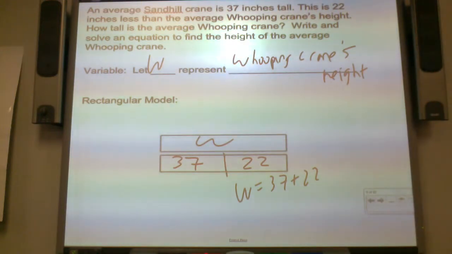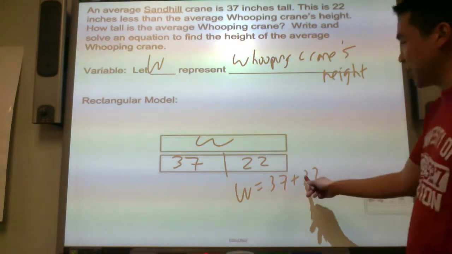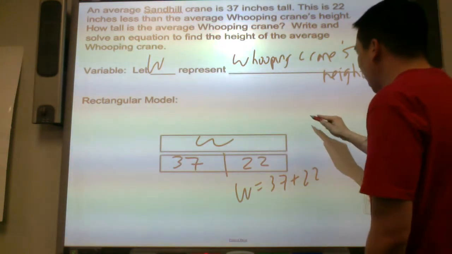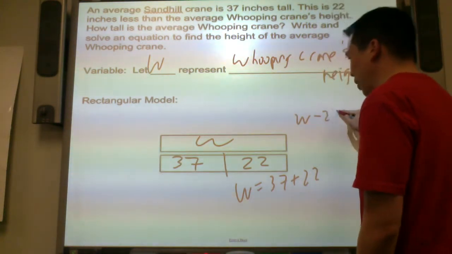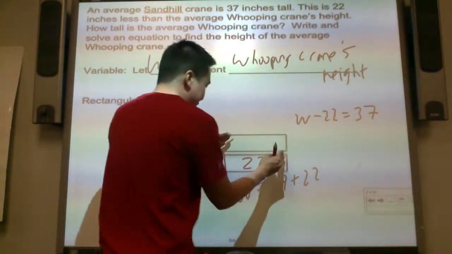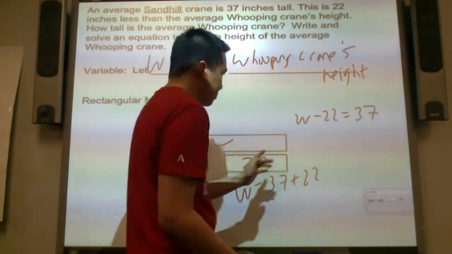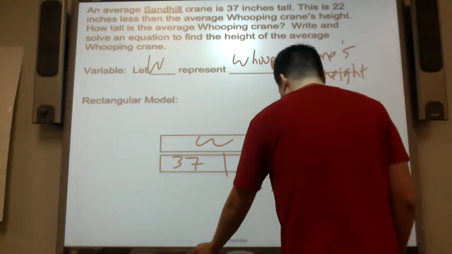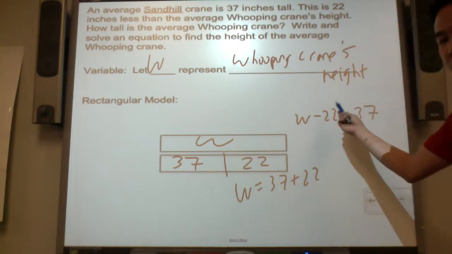So the whooping crane is 37 plus 22. Another way you could have represented this was a whooping crane minus 22 equals 37. So we have a whooping crane, we take 22 from it, and it equals 37. So both of these are correct. I prefer the second one, but the first one will work.